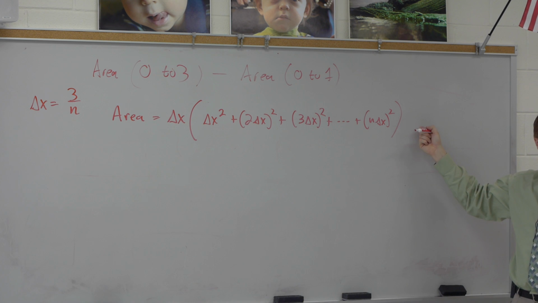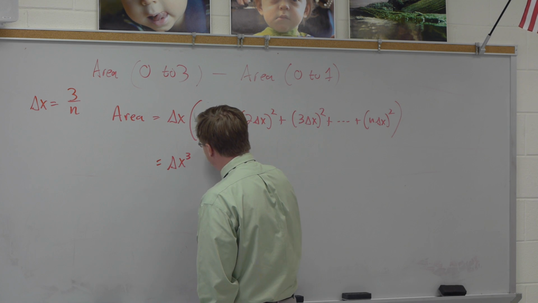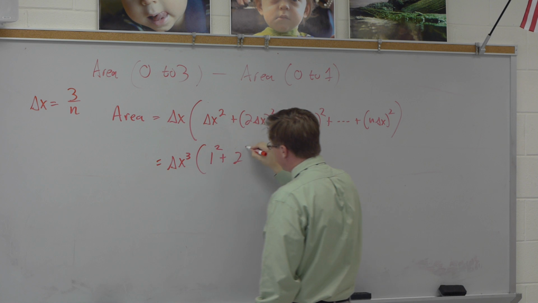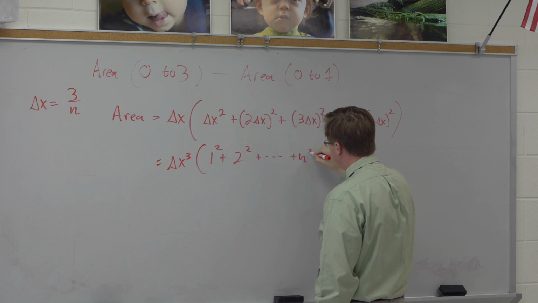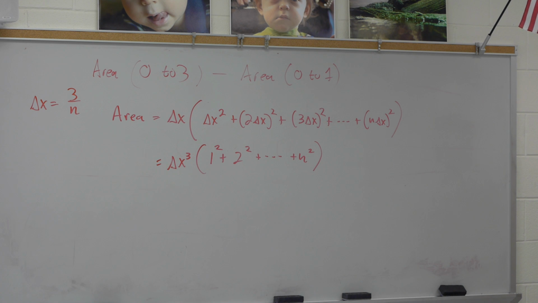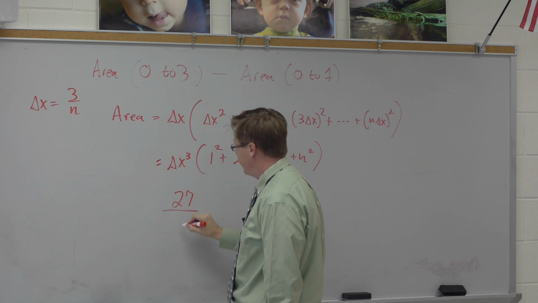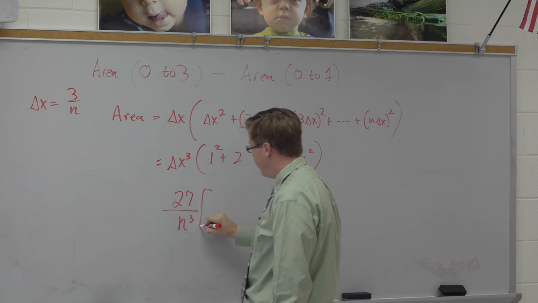So now I can factor out a delta x squared from each term. So I'm left with delta x cubed and then the sum of all the squares. Now let's plug in what delta x cubed is. That's 27 over n cubed.